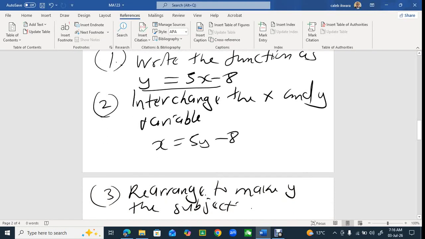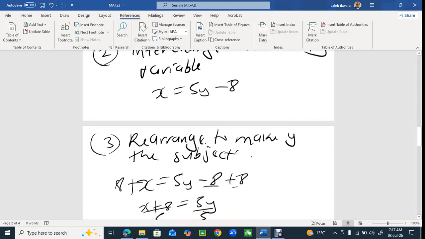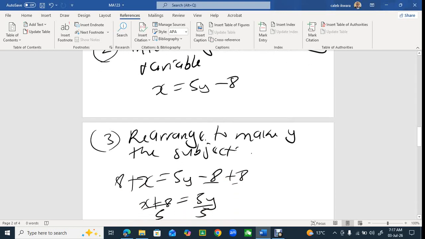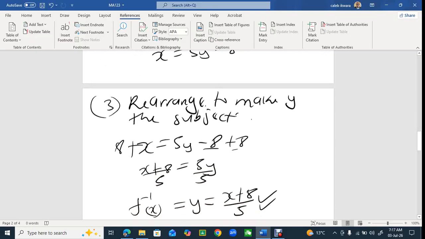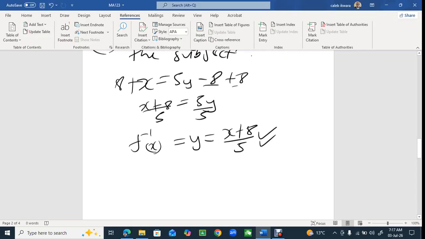So we got now x equals to 5y minus 8. Then we rearrange to make y the subject, and that's basically the last step. From the rearrangement, we came up with y equals to x plus 8 over 5 as the inverse function of x.